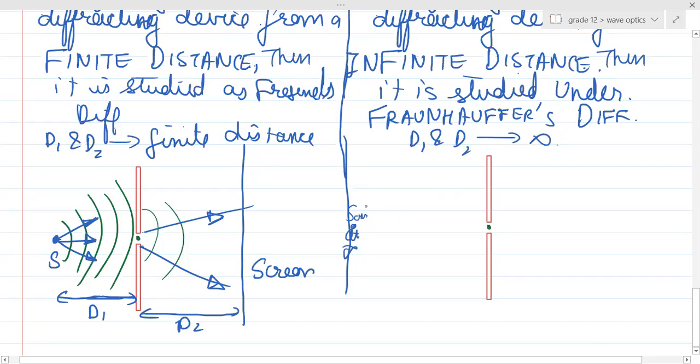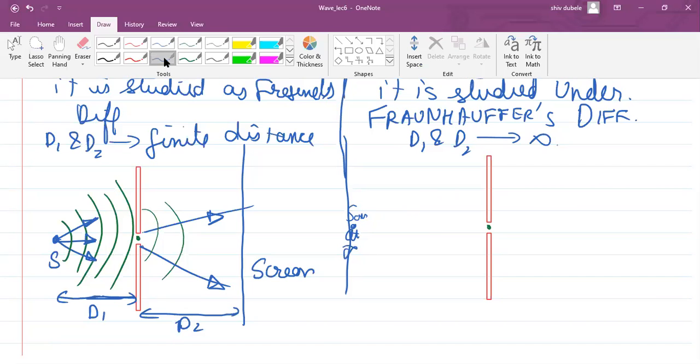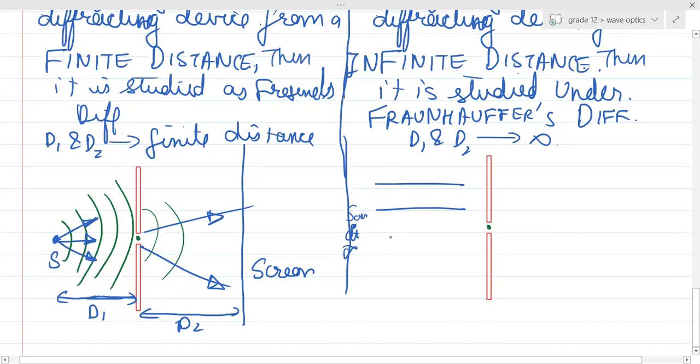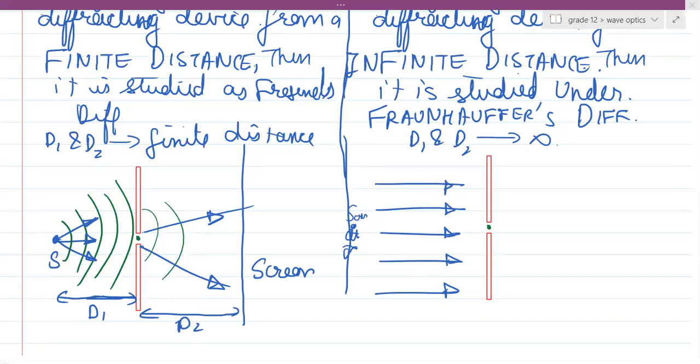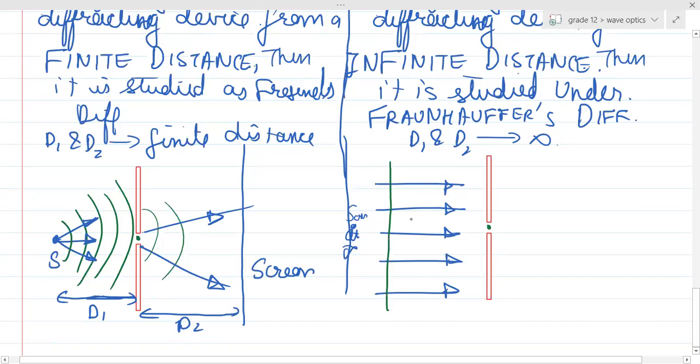If the source is at infinity, what kind of waves will be generated? Parallel rays will be there, right? So parallel light rays will be coming, and the wavefront shape will be plane wavefront, drawn like this.